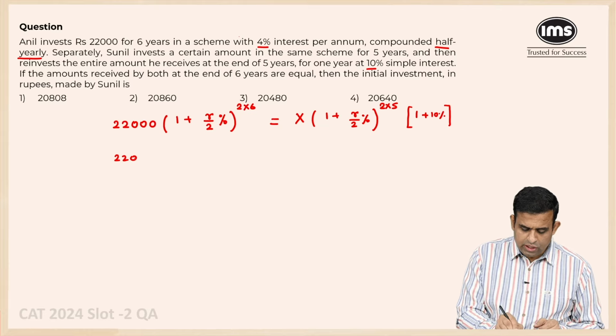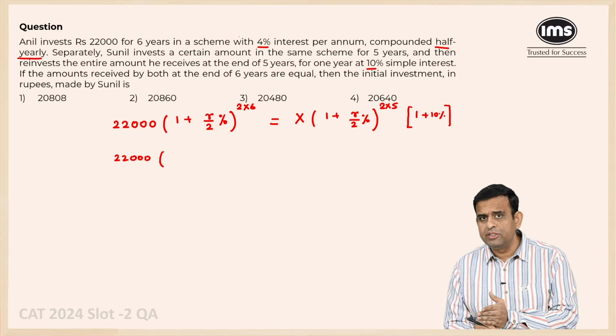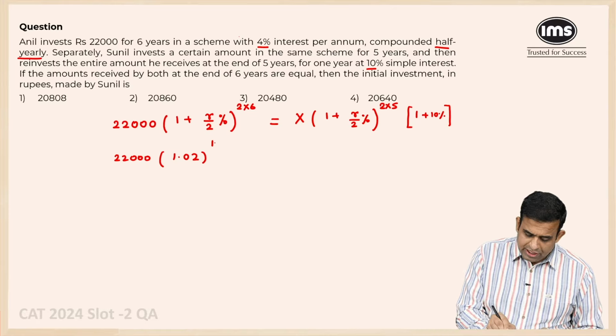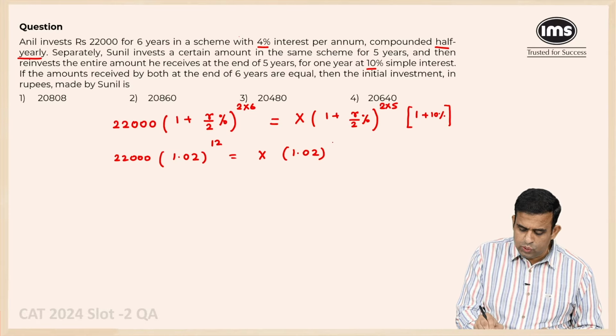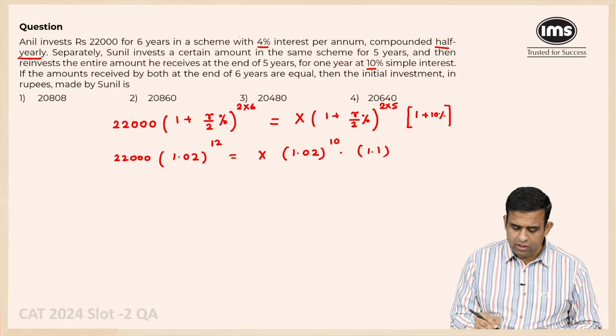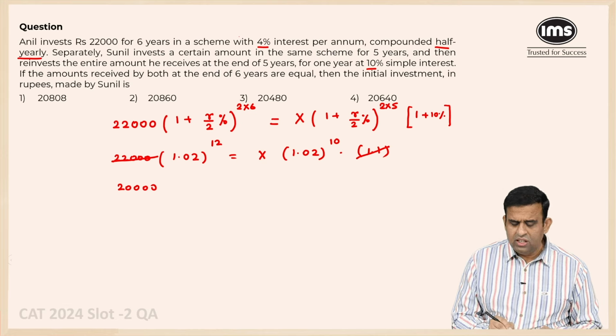So 22,000 into 1 plus 2%, so 1.02 raised to 12 is equal to x into 1.02 raised to 10 times 1.1 over here. Now if I cancel this 1.1 with this number, I get nothing but 20,000.